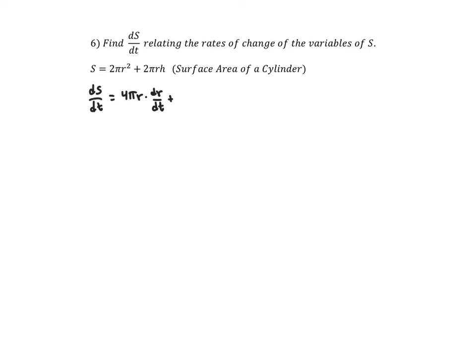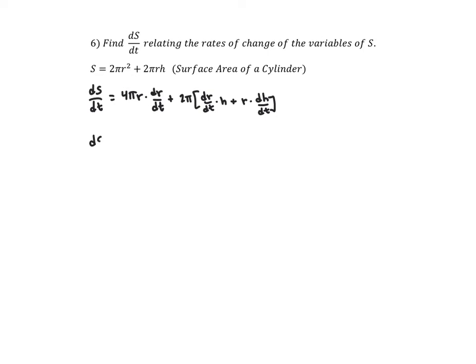The derivative of 2 pi r h, we're going to use the product rule here. So I'm going to put the 2 pi out and take the derivative of r times h. The derivative of the first would be dr/dt times the second left untouched, plus the first left untouched times the derivative of the second. That would be kind of the lazy person's way to finish this problem.